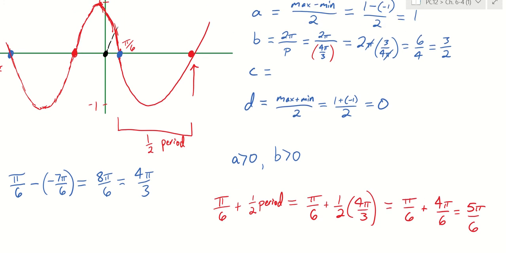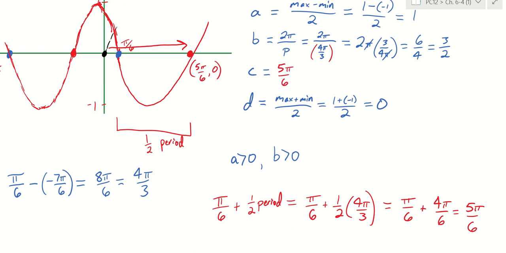So that is the x value at this point. This is a point at 5 pi over 6 and 0. So we know that this graph has been shifted to the right by 5 pi over 6 units. So we can say the c value is 5 pi over 6.